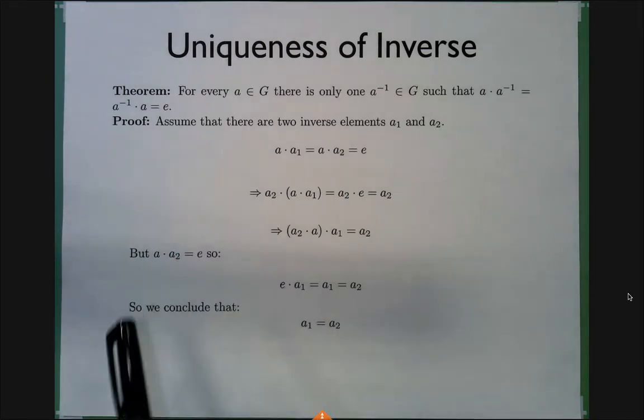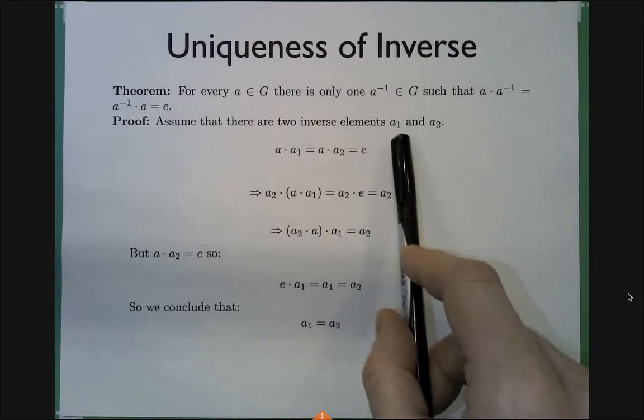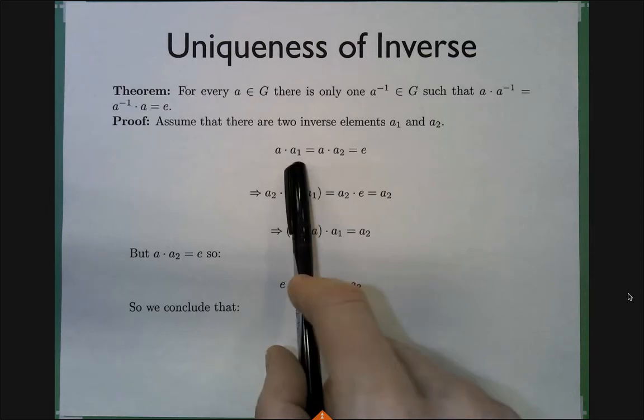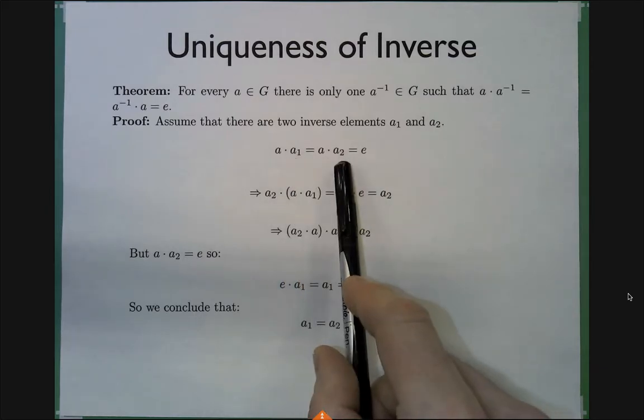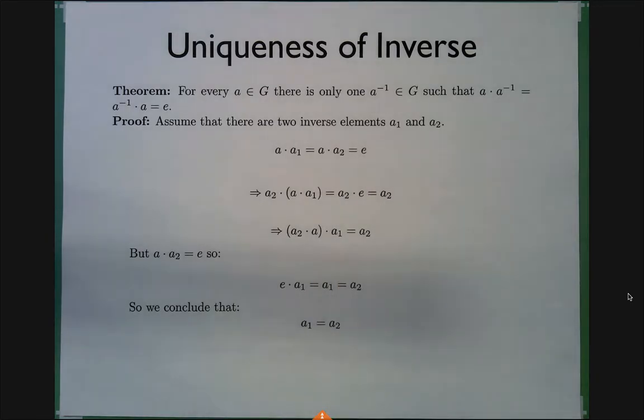So again, let's try to prove it by contradiction. Let's assume that there are two different inverse elements to A. So pick some A, and assume I have its inverses A1 and A2. Both of them give me back the identity element. Now let's see.